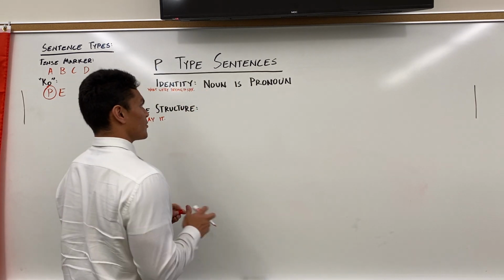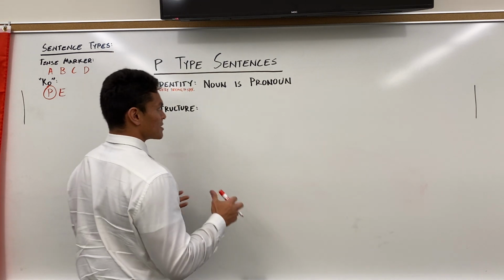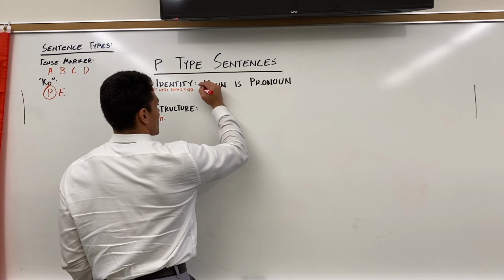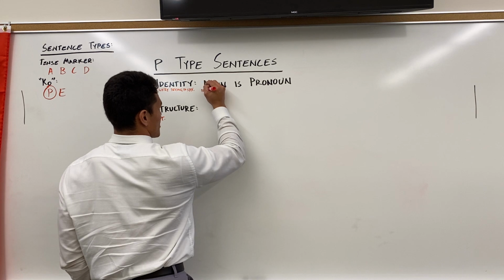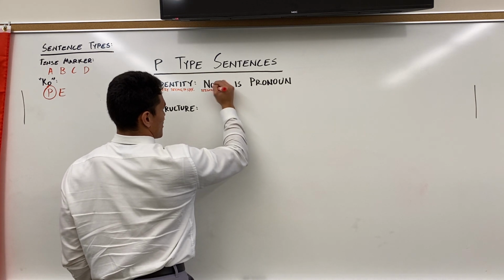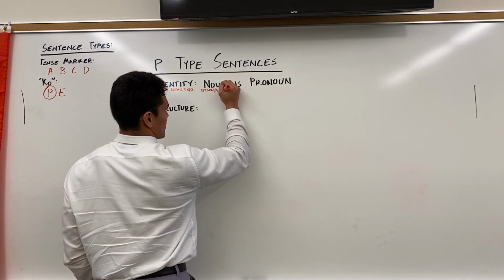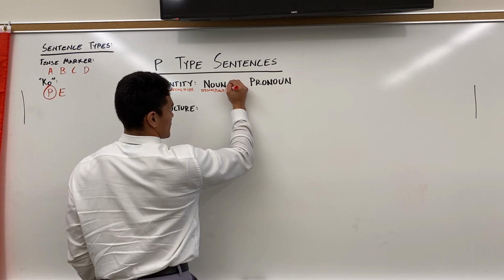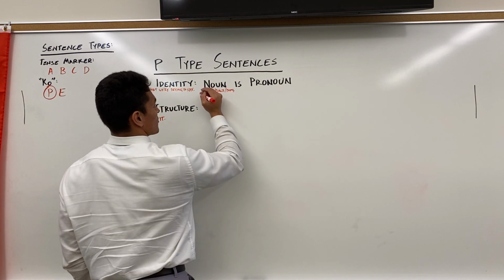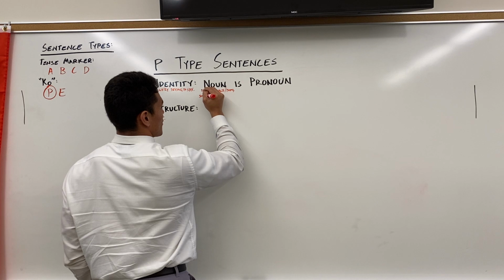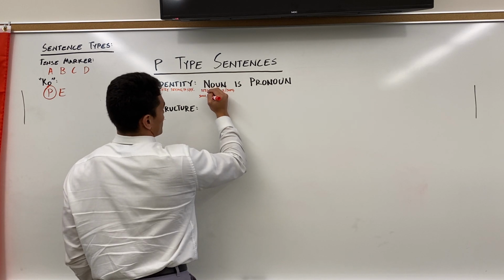And so let's clarify really quick what we mean when we talk about nouns and pronouns. So let's start with noun. Simplest definition: person, place, or thing. Right? A person. We have John. We have Mary.